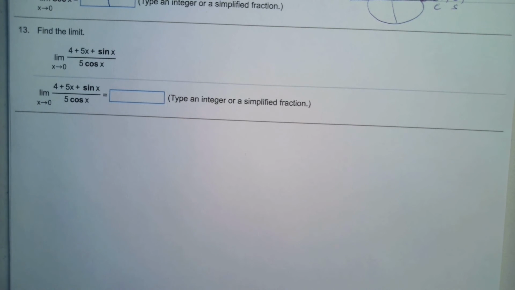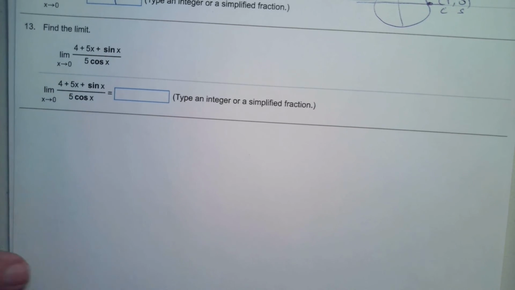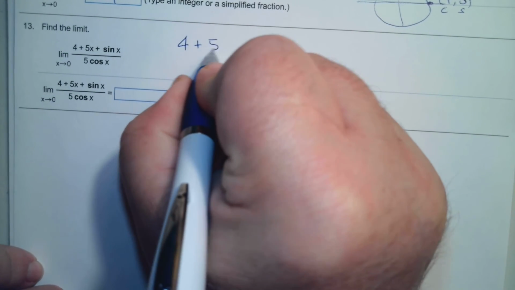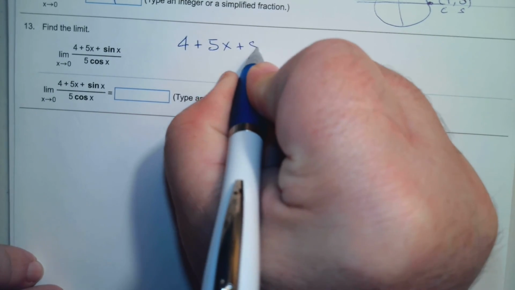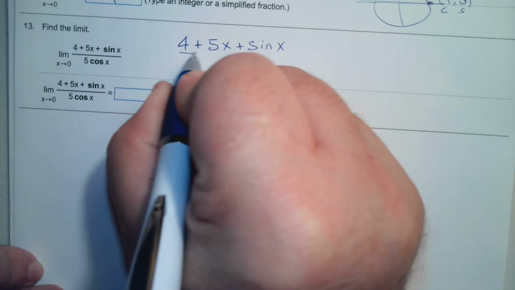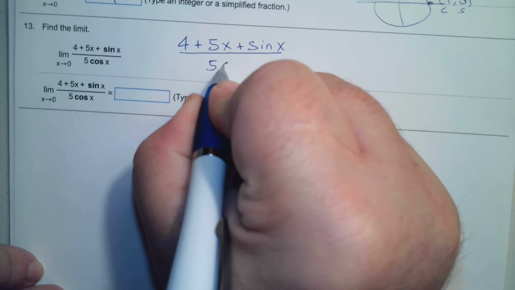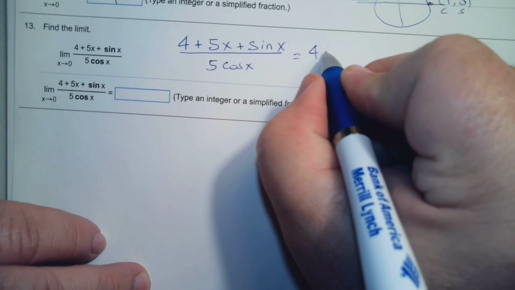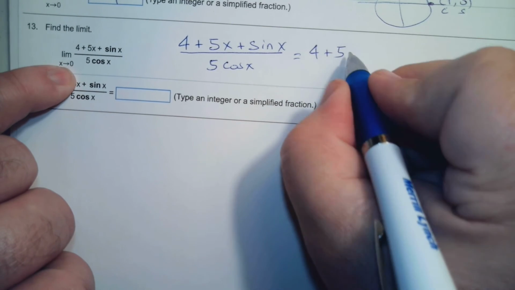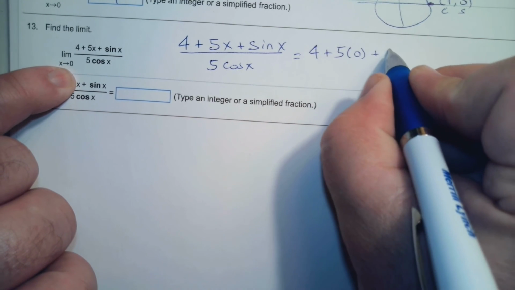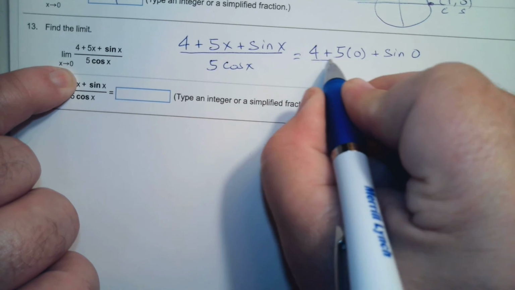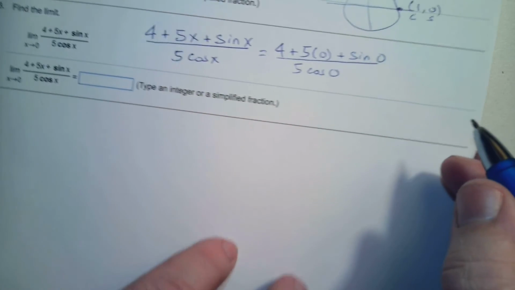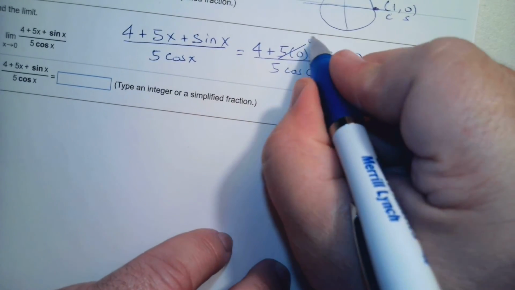Number 13. Find this limit: 4 plus 5x plus sine x over 5 cosine x, as x goes to 0. So we have 4 plus 5 times 0, which is 0, plus sine of 0, which is 0.